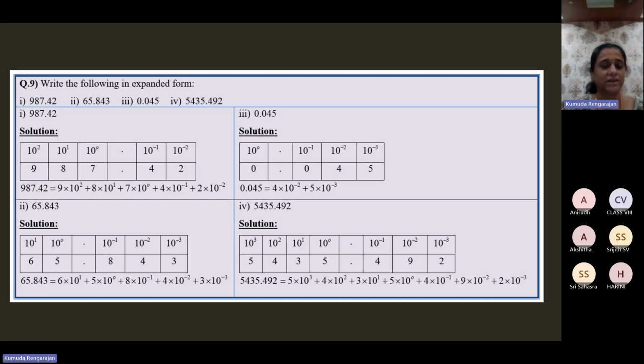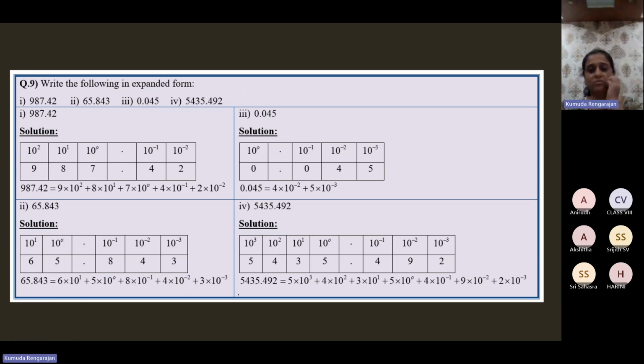The digit is 9 into the respective place value 10 to the power 2 plus the digit is 8 into the respective place value 10 to the power 1 plus the digit is 7 into the respective place value 10 to the power 0 plus 4 into 10 to the power minus 1 plus 2 into 10 to the power minus 2.